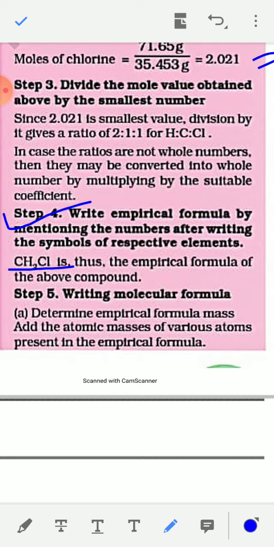So in this case, the empirical formula of the compound is CH2Cl: 1 carbon, 2 hydrogen and 1 chlorine.